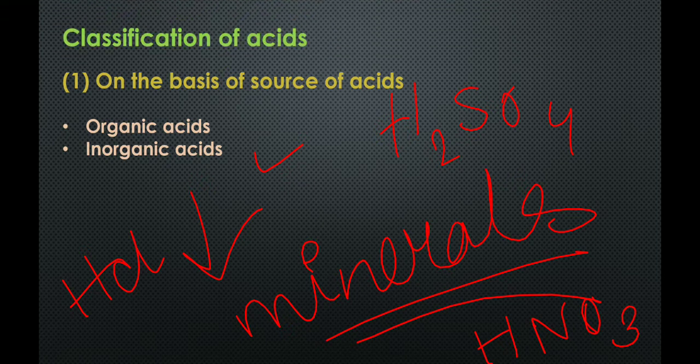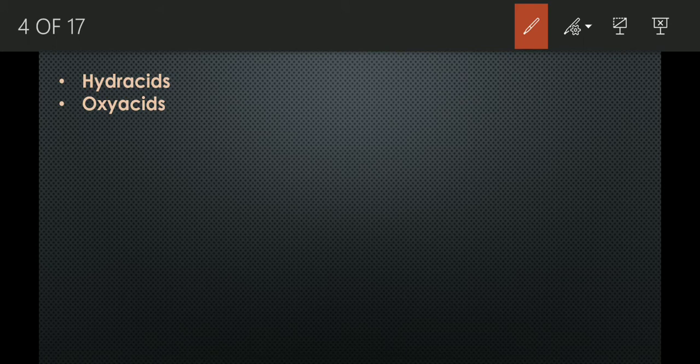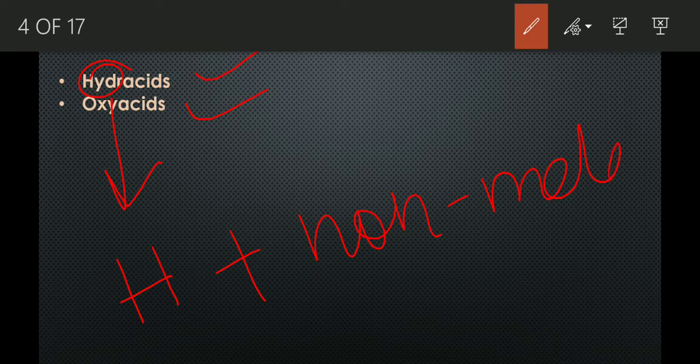Now, the next category is on the basis of the molecular composition of acids. There are two types of acids, hydroacids and oxyacids. Hydroacids, as the name suggests, contain hydrogen and another non-metal, but this non-metal should be other than oxygen.